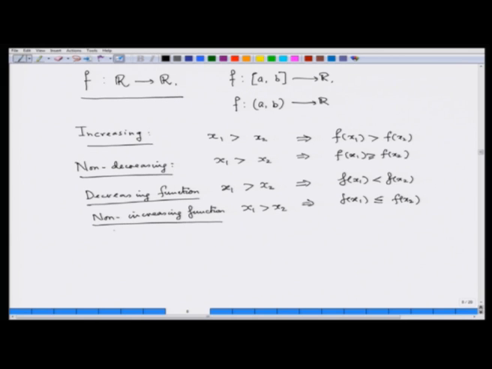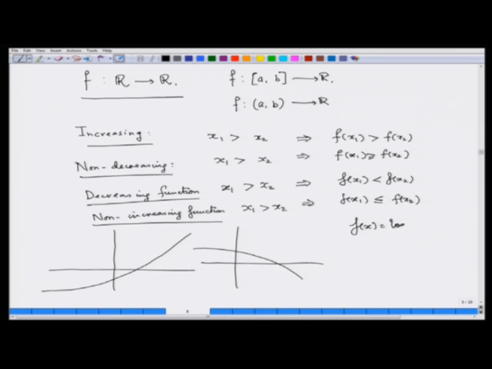So, you can immediately imagine and draw graphs like this, functions like this which is increasing, functions like this which is decreasing. If you take f of x equal to logarithm of x, then that function is obviously an increasing function.